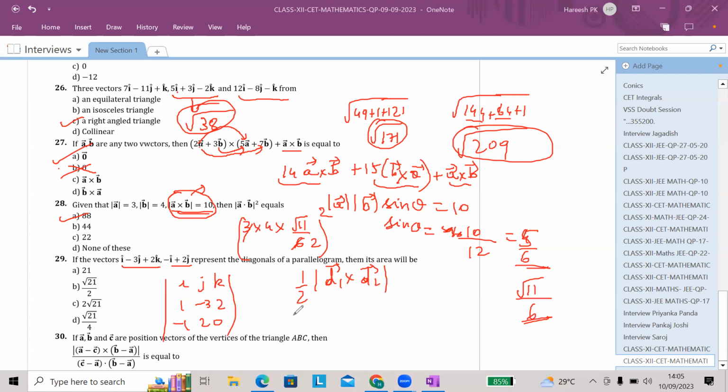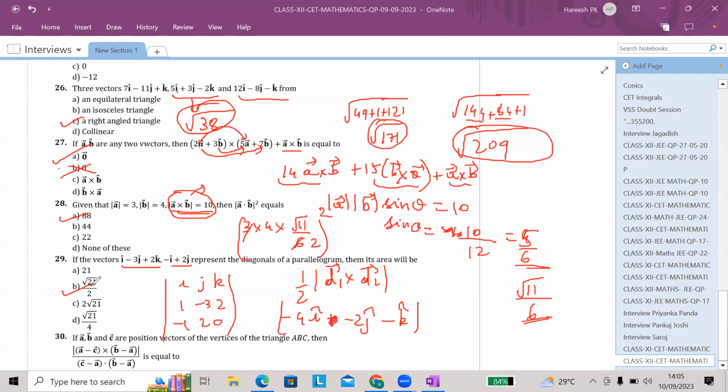So we end up getting minus 4I cap plus, minus 2K cap, 2J cap, and then minus K cap. So the magnitude of this would be root 21. So the answer would be root 21 divided by 2.